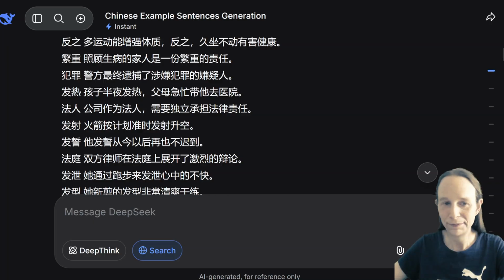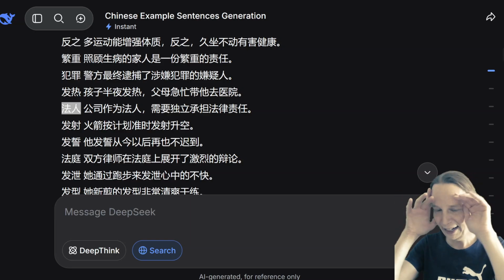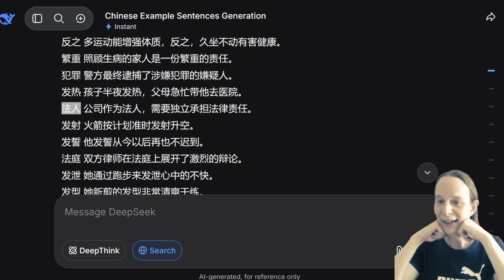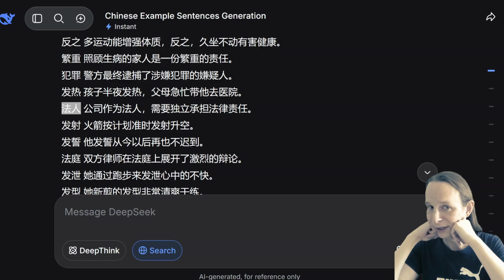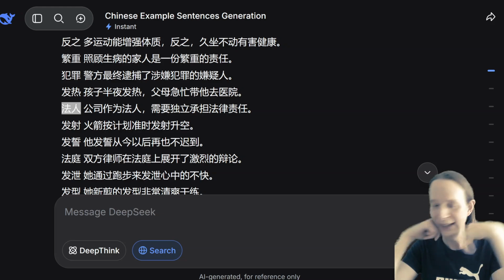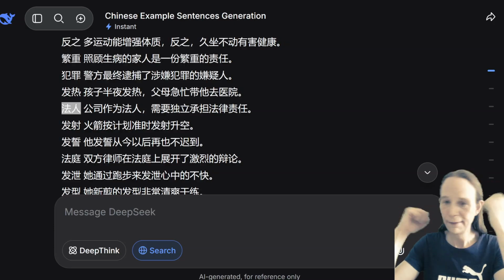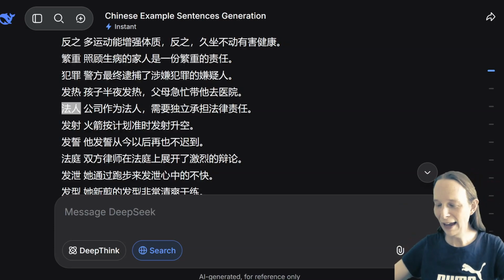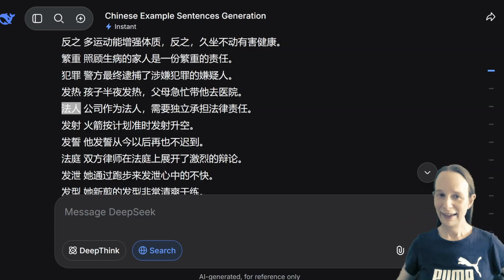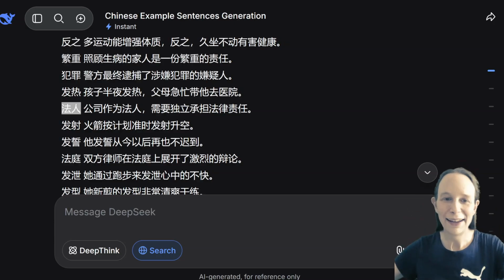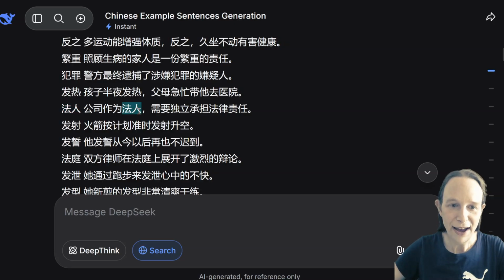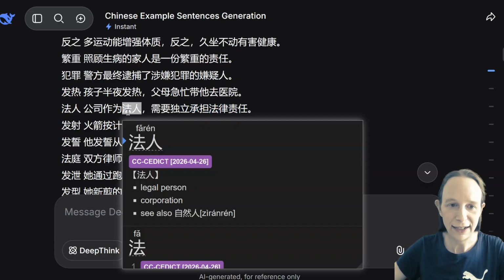All right. 法人. 法人 is a legal person, such as a legal representative of a company. Is there anything else? I'm not sure. It might actually refer to a person as well, like in a court of law. 公司作为法人，需要独立承担法律责任. A legal person, a corporation.